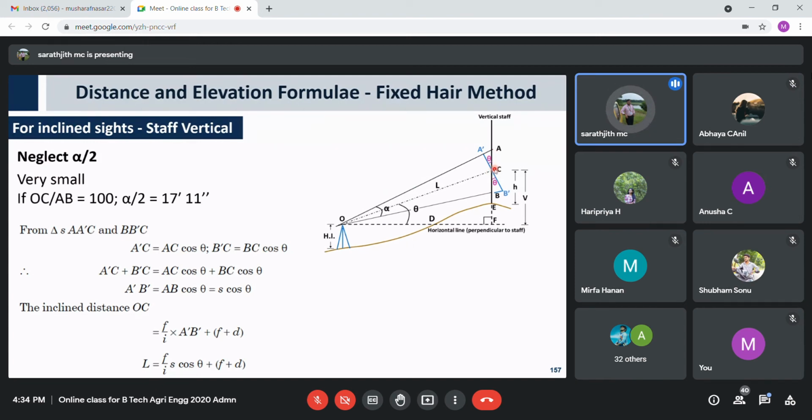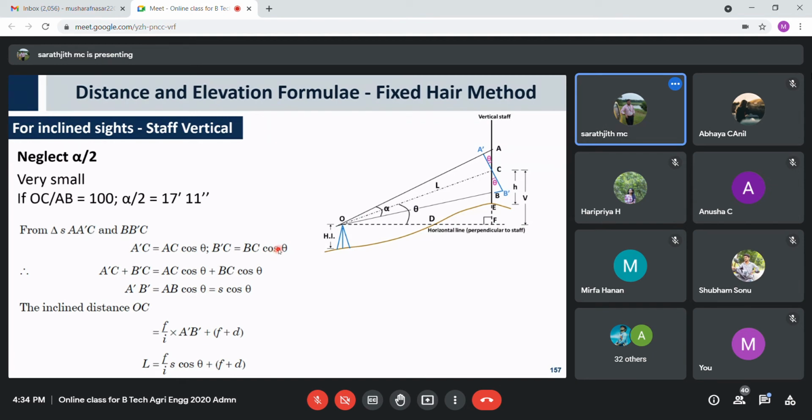What you require is A dash C, which is the case when the staff is perpendicular to the line of sight. So A dash C is equal to AC cos theta. Similarly, B dash C would be BC cos theta.